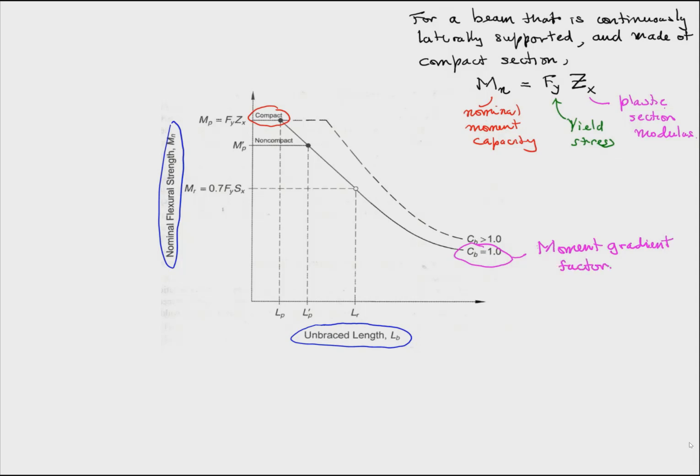And this has to do with how uniform the bending moment is in the beam. So these are some things that you will learn much more about in the steel design course. For our purposes, we'll just take simply CB equals 1.